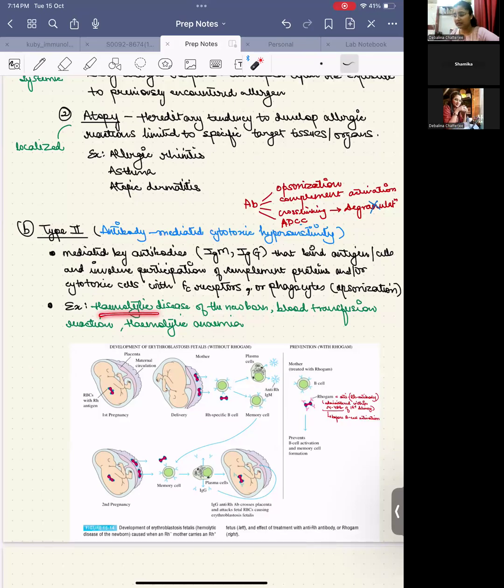The hemolytic disease of the newborn, the blood transfusion reactions that happen if you are transfusing the wrong blood groups without matching them, and hemolytic anemia. These are all because of type 2 hypersensitivity. Hemolytic anemia is anemia resulting from hemolysis, and hemolysis has to do with the death of your RBCs.